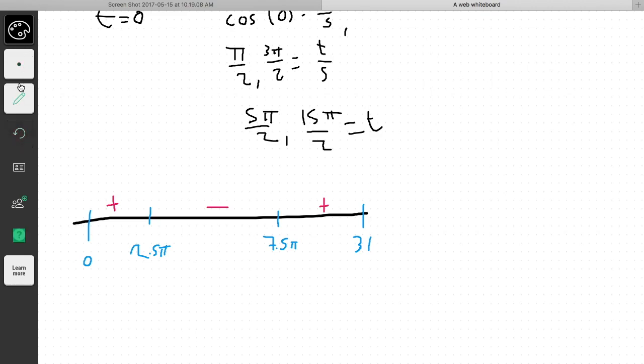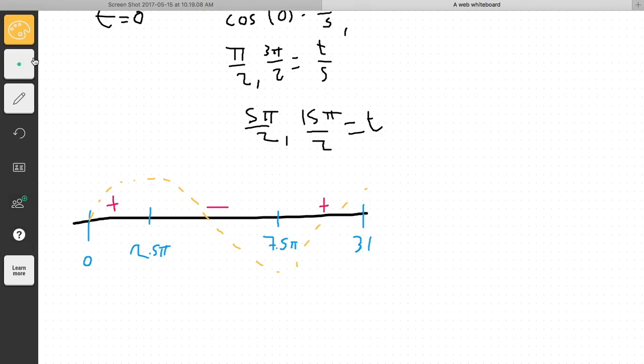All right, so now I kind of like to draw out the slope. It starts here, goes up, then hits 0 right there, and comes down. The slope goes down until 7.5 pi, and now it's going up again until 31. So this is kind of what the function would look like.